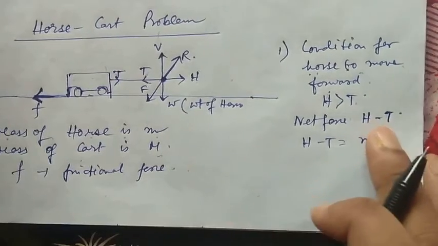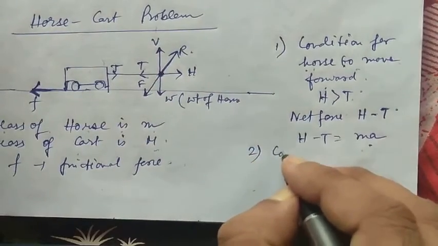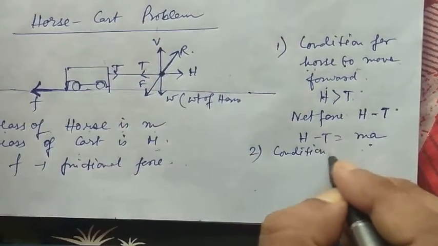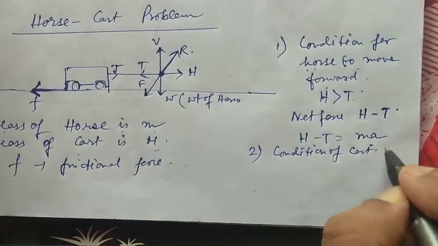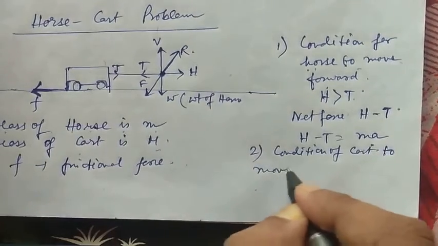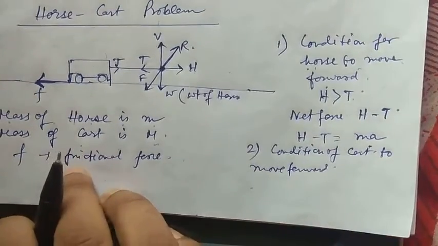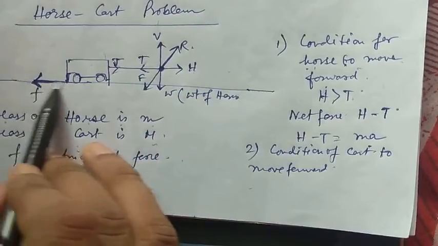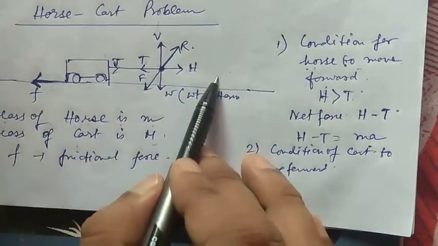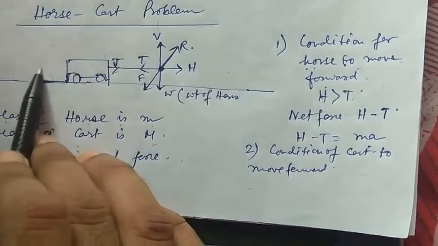Similar is the case with the cart. Now what is the condition for the cart to move forward? Here the force is T and the frictional force acting on the cart is F. So for the cart to move forward, this pulling force T should be more than this frictional force.